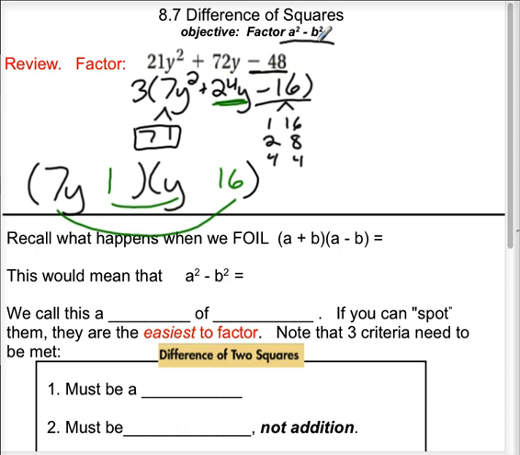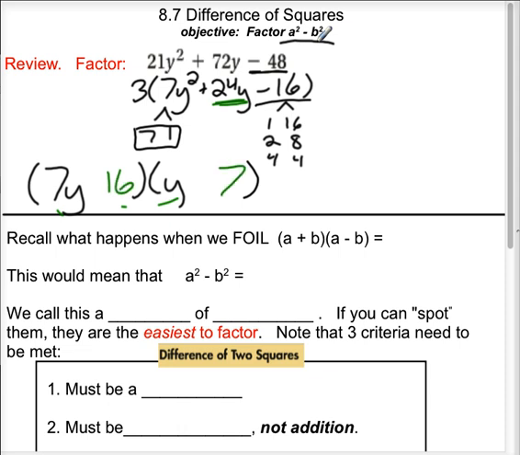Making my connection, so that gives me 1, and 7 times 16, 112. So making one of those negative, we're either going to get 111 or negative 111, not the 24 that we're looking for. So I'm going to erase that, and I'm going to switch it.